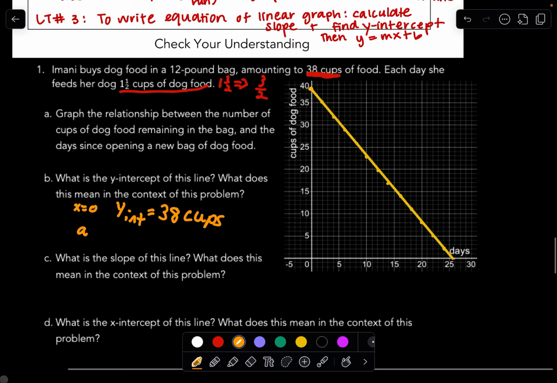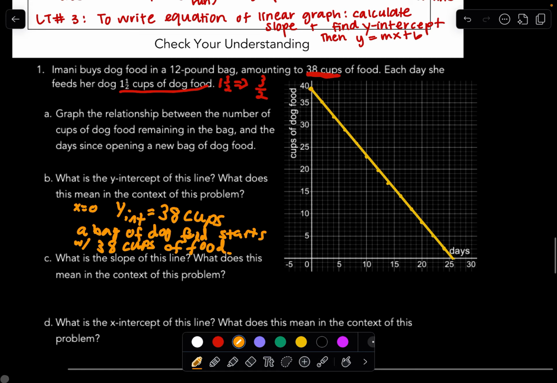A bag of dog food starts with 38 cups of food. Sorry, I lost my train of thought there.